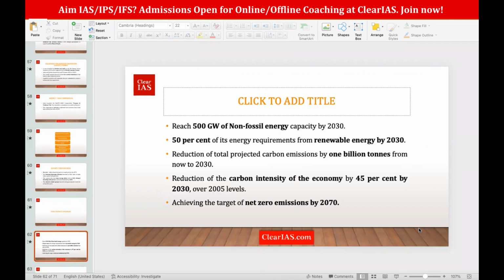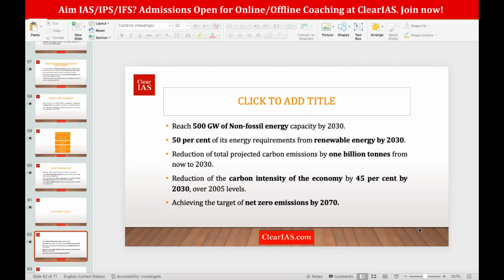Okay, the Panchamrit promise is very important. It was made by our Prime Minister at the Glasgow Summit, that is at COP26. So the 5 targets: the target year is 2030, that is 500 gigawatts of non-fossil fuel energy, 50% renewable energy, 1 billion tons of carbon sink, and to reduce the carbon intensity of the economy by 45%.